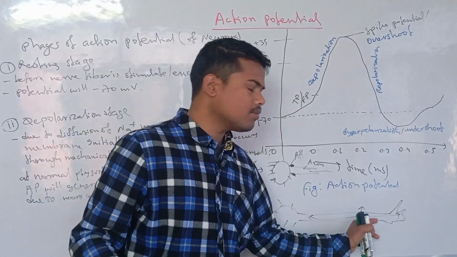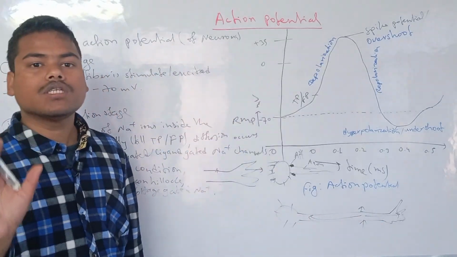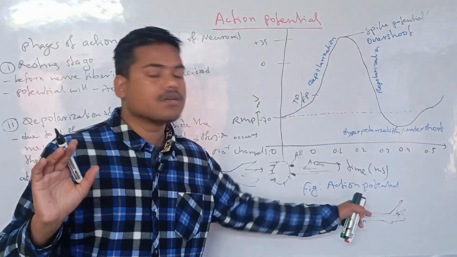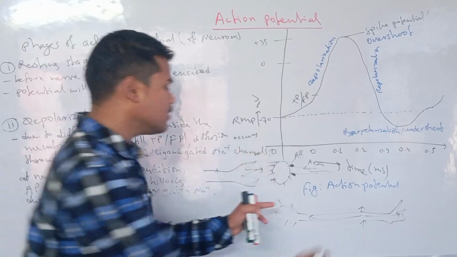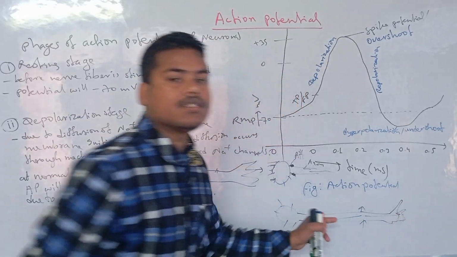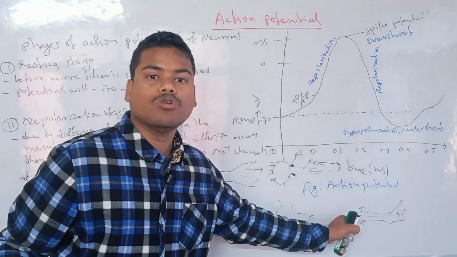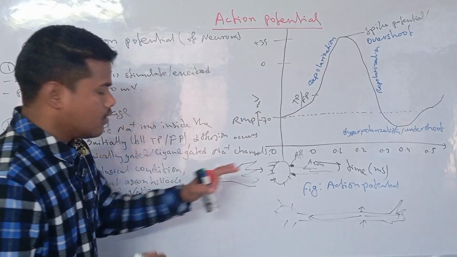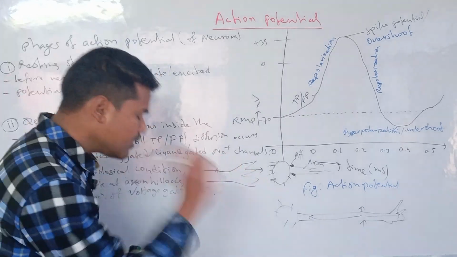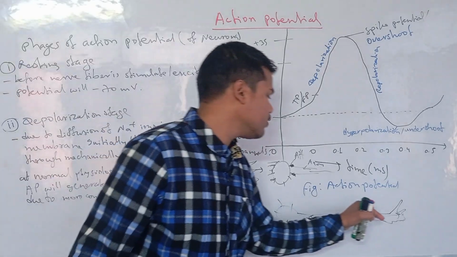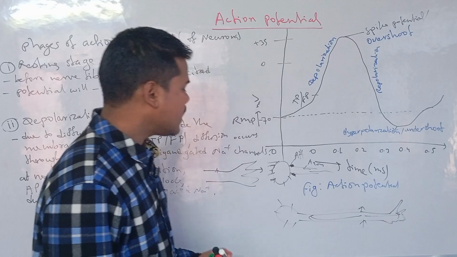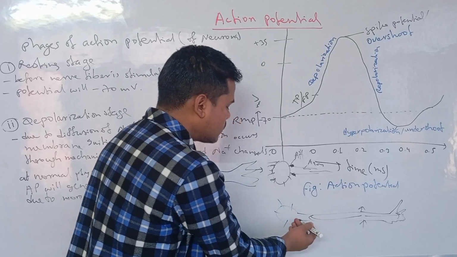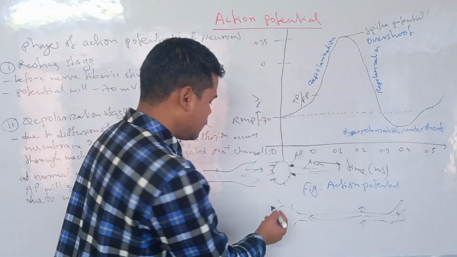This is an important feature of the action potential: once generated, it transmits bidirectionally, that is, in either direction from the site of the stimulus.